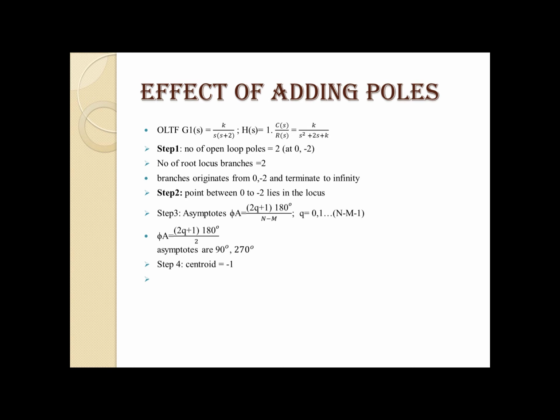So before starting, first we are taking our open loop transfer function, which is given as K by s into s plus 2, and the feedback is considered as 1.